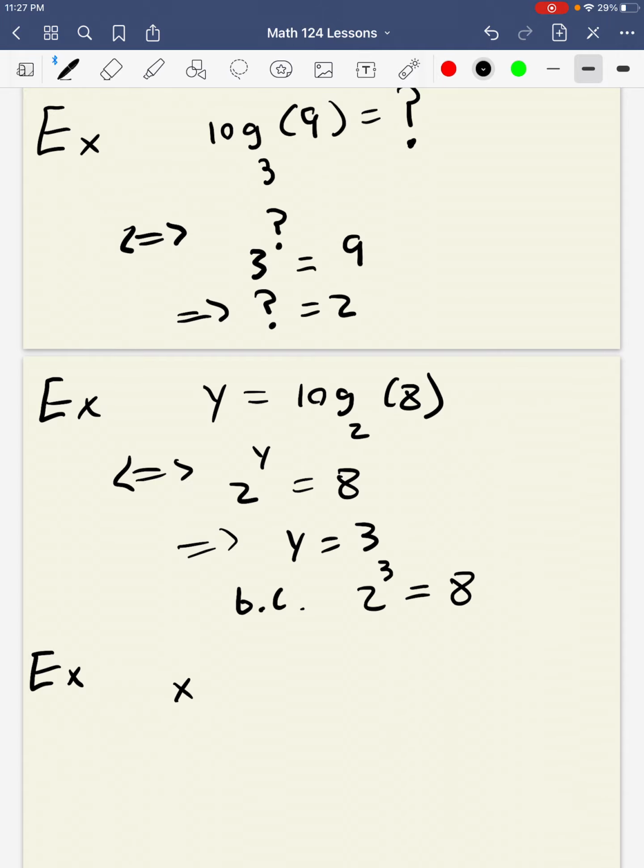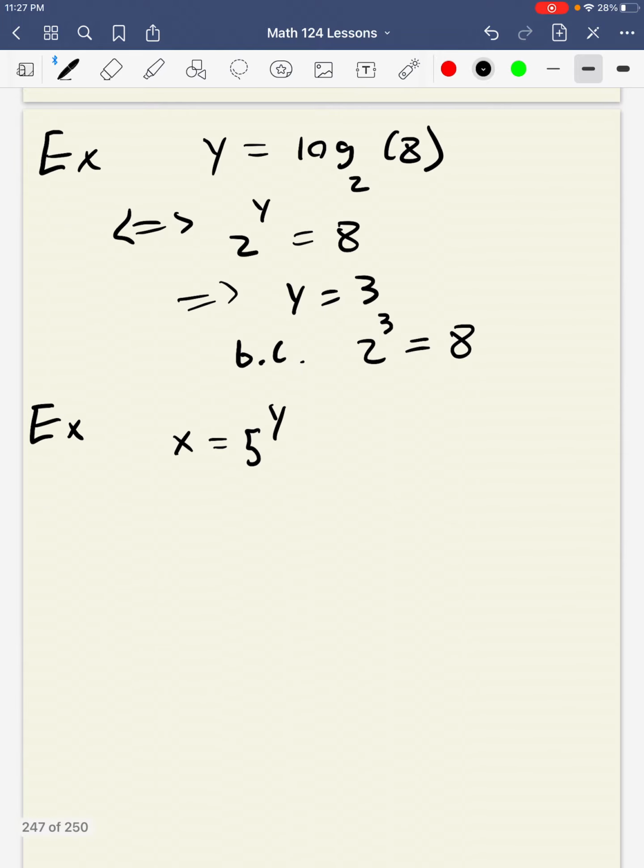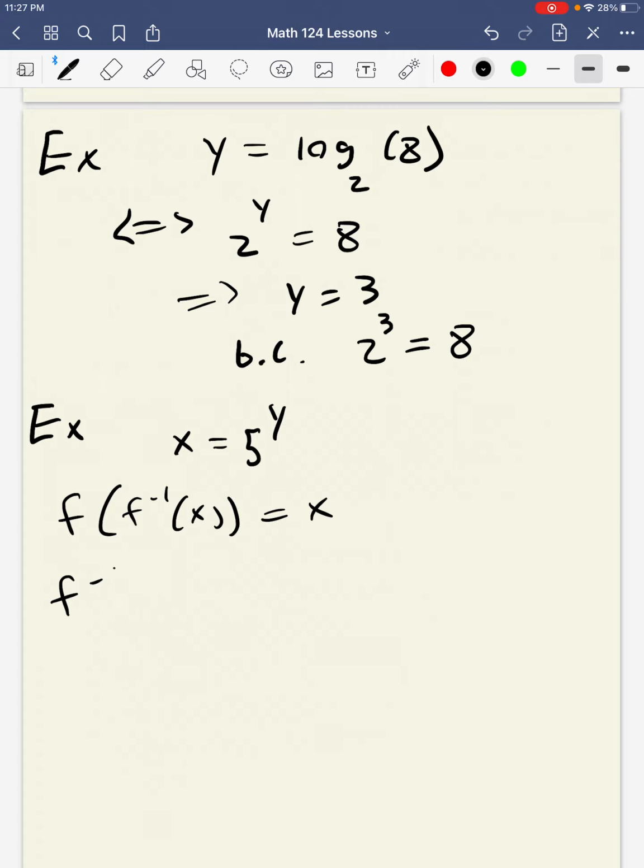Let's look at x equals 5 to the y. Well, perhaps we're not quite ready for this example. Before I solve this, let me remind us that a function, when we plug in an inverse, will cancel out. If we have an inverse function and plug in the original function, everything will cancel out, right?